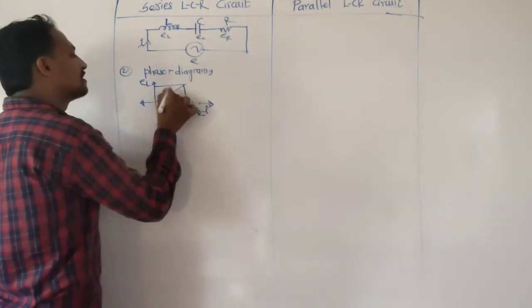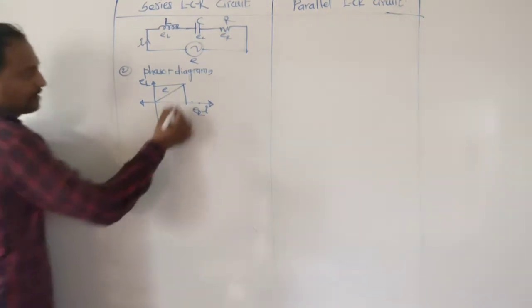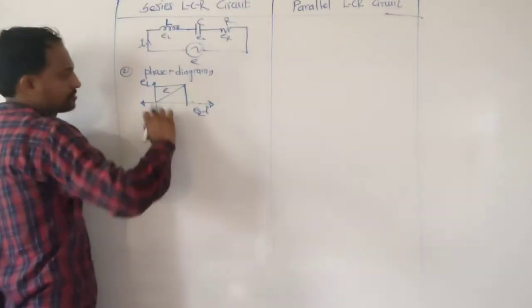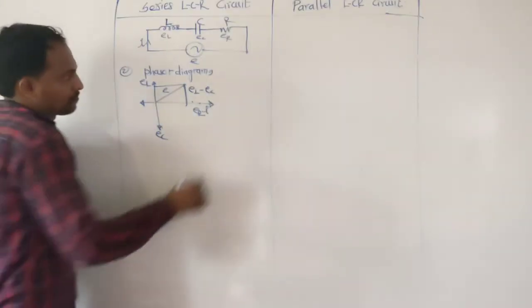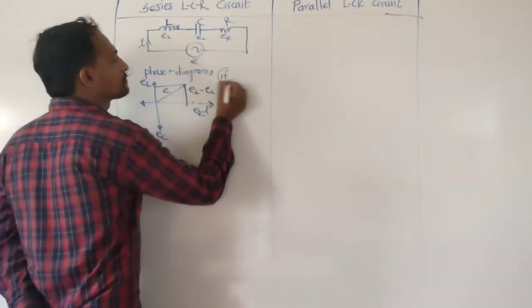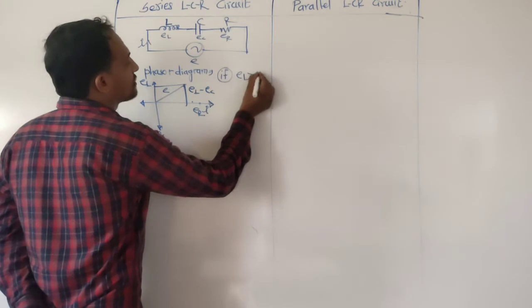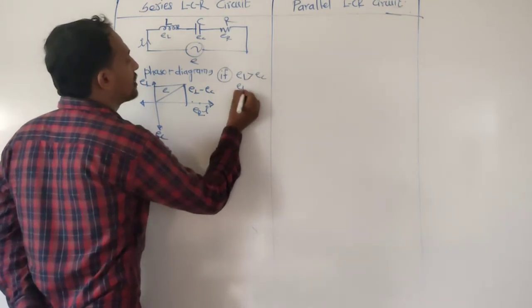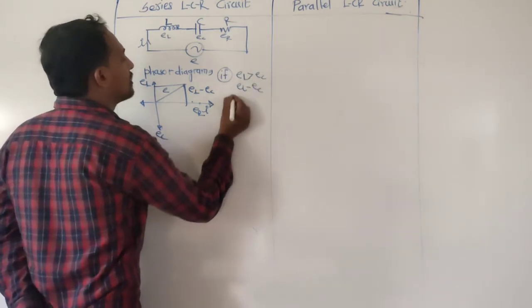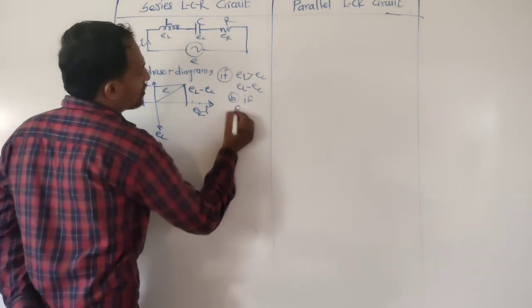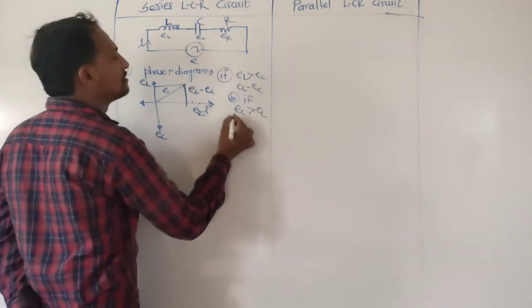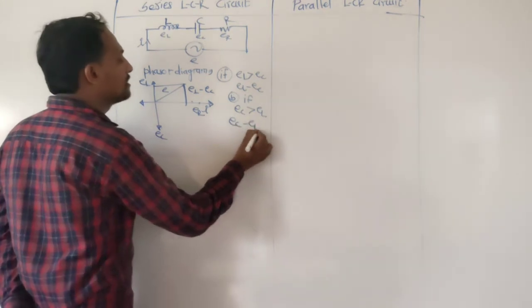So this is the resultant EMF, and across this we have the combination of EL minus EC. Here are two conditions. If EL is greater than EC, then we have EL minus EC, and second, if EC is greater than EL, then we have EC minus EL. Okay, so these are the two conditions.